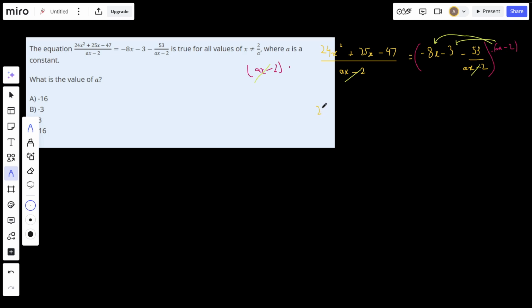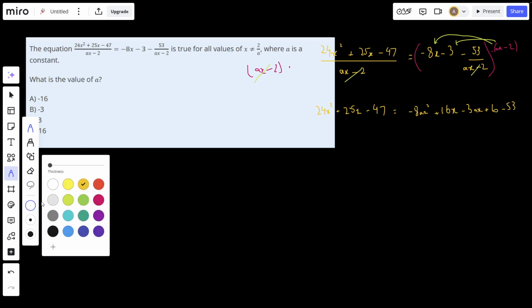So this gives us, the top remains the same, so it's 24x squared plus 25x minus 47 equals minus 8ax squared plus 16x minus 3ax plus 6, and ax minus 2 cancels out, so we get minus 53 as our final constant.